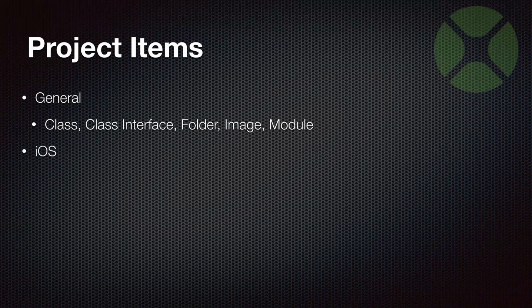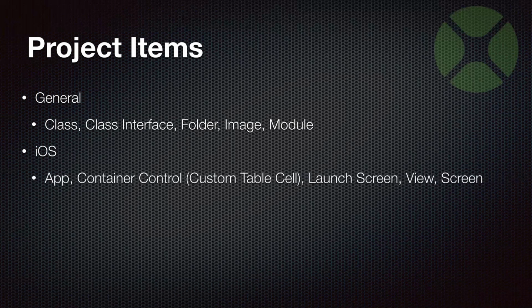There's also several iOS specific project items. You have, of course, the app that's automatically added to all projects right when you create a new blank iOS project. There's also container controls, and a subclass of that is the custom table cell.